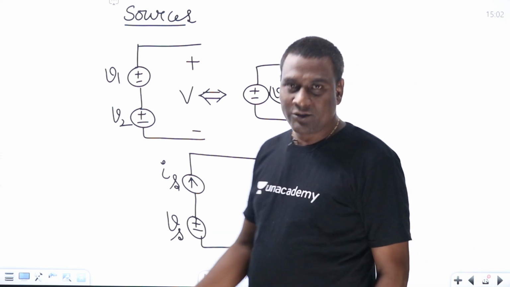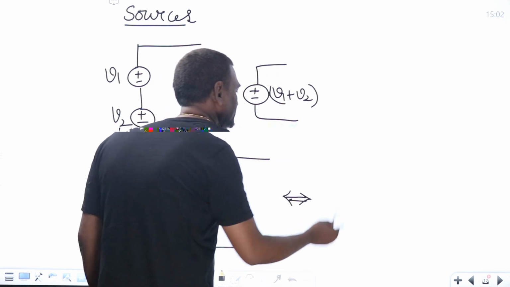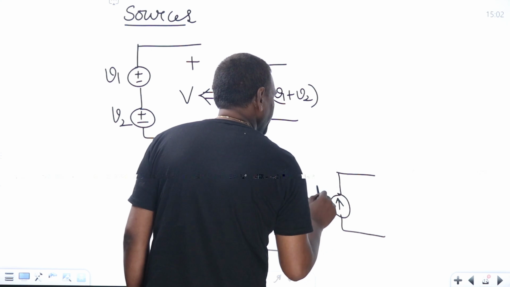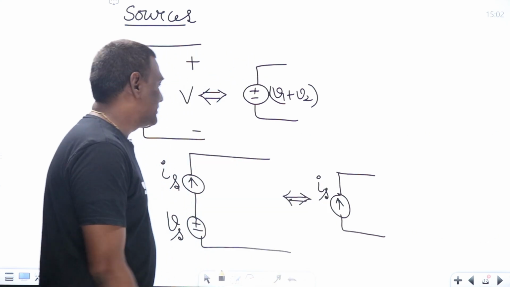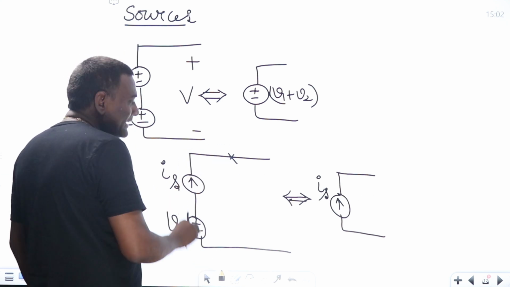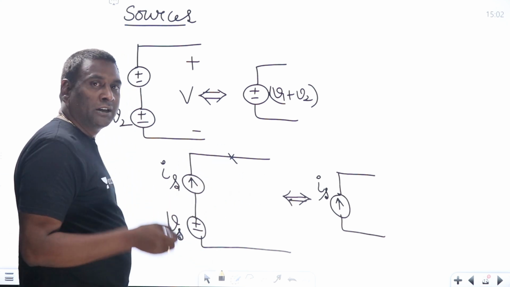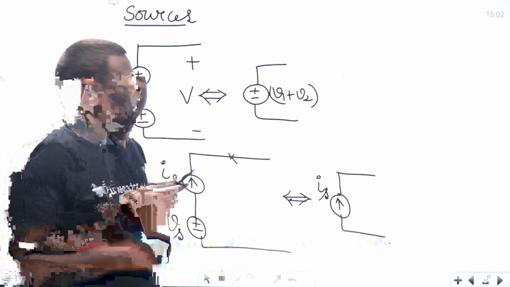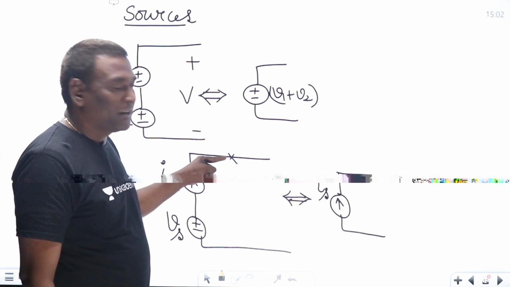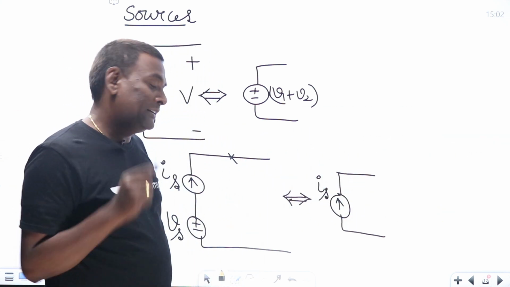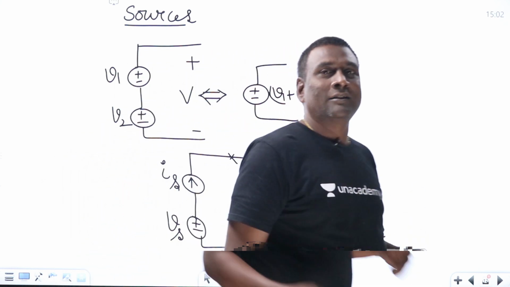Output should be IS only, because if I apply KCL here, current is going to be IS only. What is a current source? Current should be known independent of voltage. So this particular equivalent can be represented with this, provided some internal matter is not being asked.